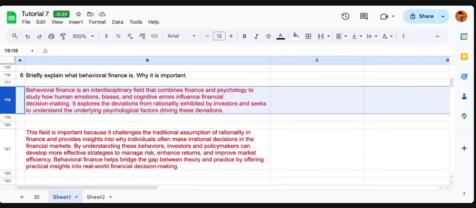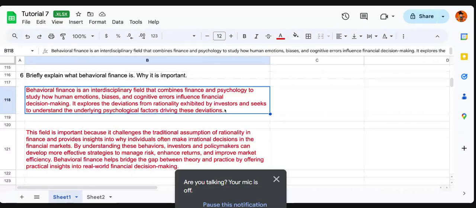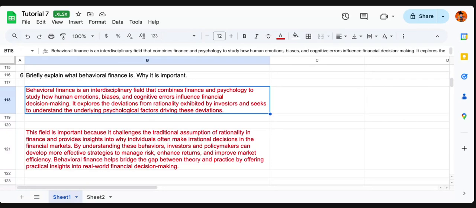That means it tries to investigate why people behave irrationally, in other words, behave in a weird manner, in a so-called stupid way, when it comes to financial decisions. So it is to understand the underlying psychological factors that drive these deviations. In short, behavioral finance is a study that combines psychology and finance, trying to study why people, when they make their financial decisions, may behave not according to logic.